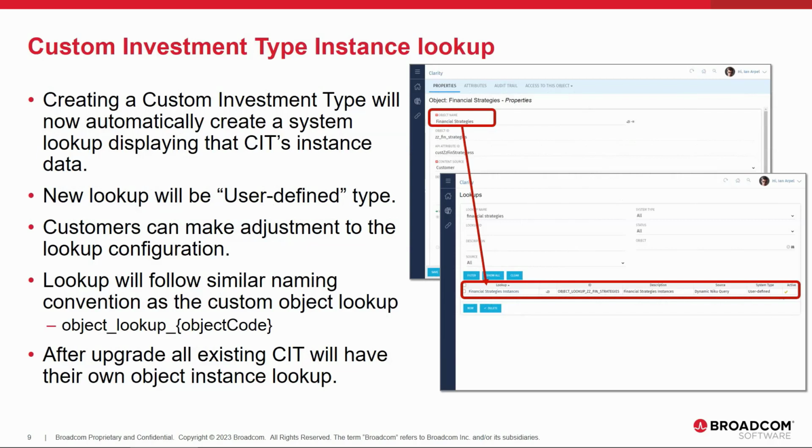This new lookup is going to be system defined, and the new lookup will have a specific naming convention, which is the object underscore lookup underscore the object code itself. After upgrade, all existing CIT will have their own object instances.